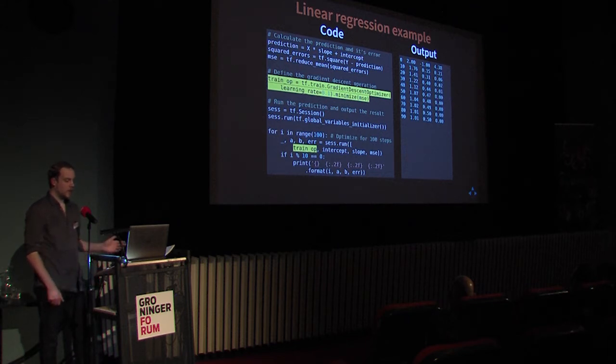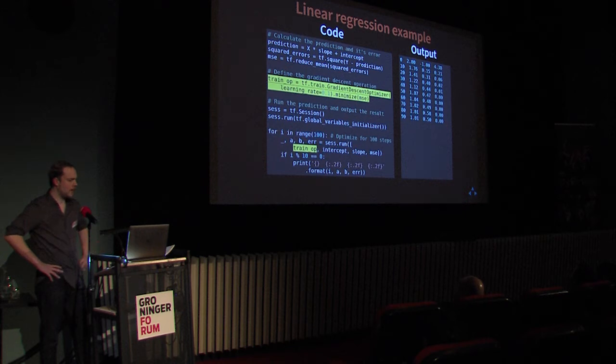We run it all at once, and we get all the values back. We're assigning them to nothing, A, B, and R. And every 10 iterations, we just print our values. So on the right is the outputs, and you can see in the first column is the iteration count from 0 to 90, because, you know, modulo 10, 100, you never get there, but because it stops at 99.